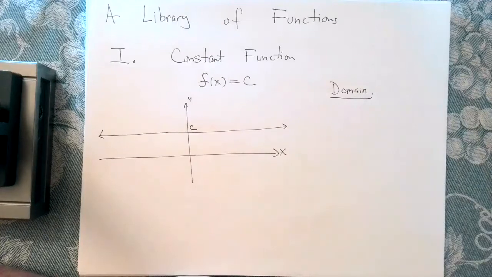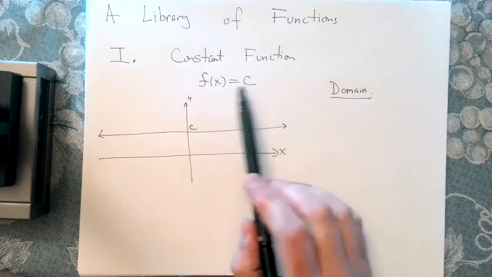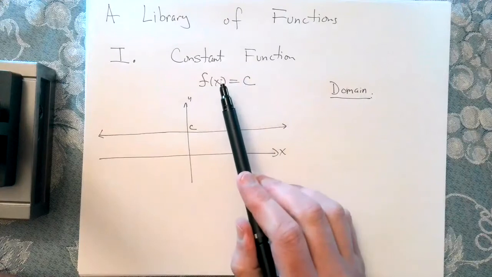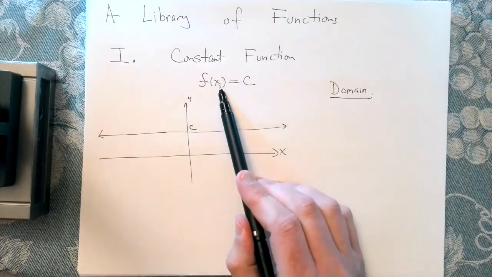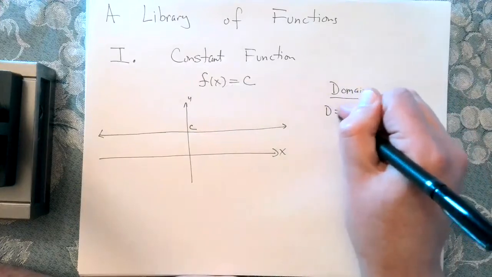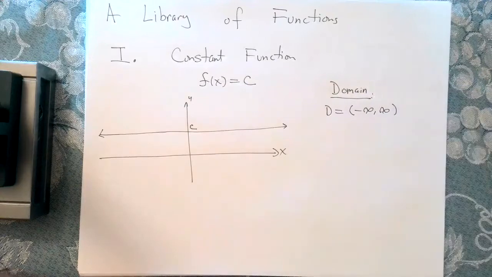So the domain, that's the set of all inputs that keep the function defined. Well, what am I allowed to plug in here? I can plug in any number I like, and I always get the same output. So you pick any real number, plug it in, and the output is always that constant. So the domain in interval notation is the set of real numbers.